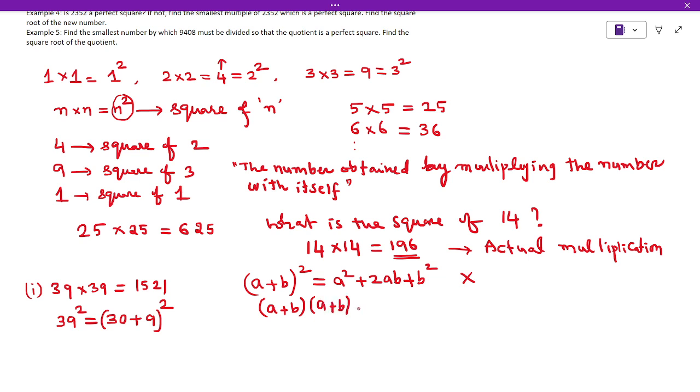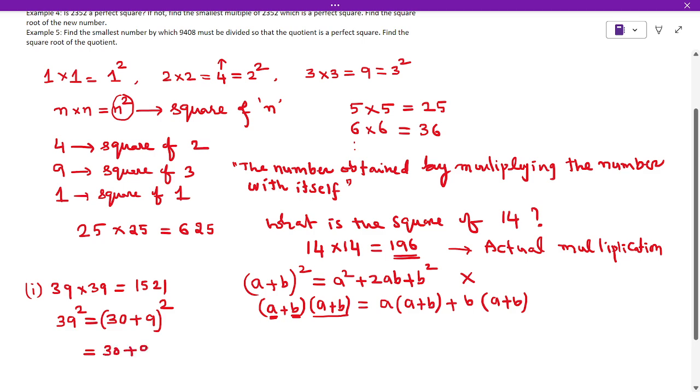We multiply a with a plus b, and then the second number, b, is multiplied with a plus b. These are the properties we already learned, so we use the same concept. Similarly here also I'm going to use that only.